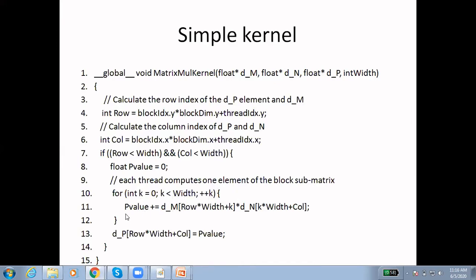You will see what the values at m00 and n00 are. You will perform the dot product of these two values, store it, and in the end you will find the P value and store it. However, here you are not using collaboration between threads. You are having global memory access for each data need.